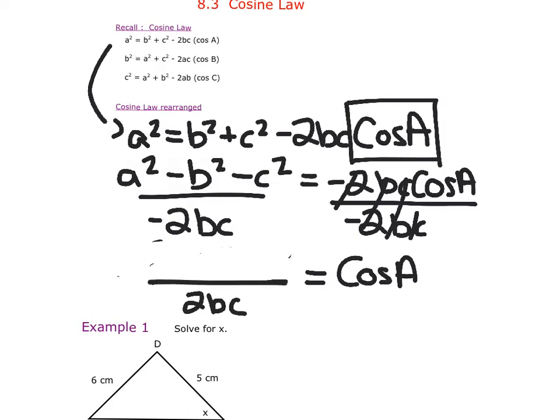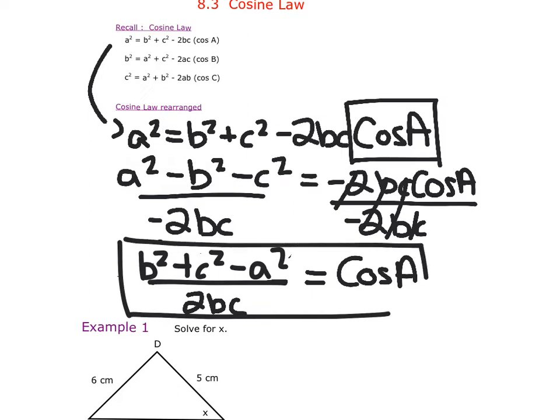So writing it out for us, it looks like b squared plus c squared minus a squared. Okay? And that is the equation that we're going to be using to solve for the other equations.